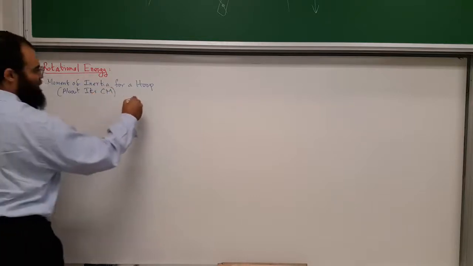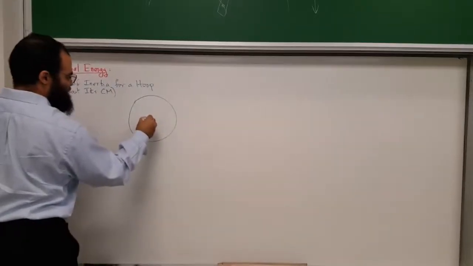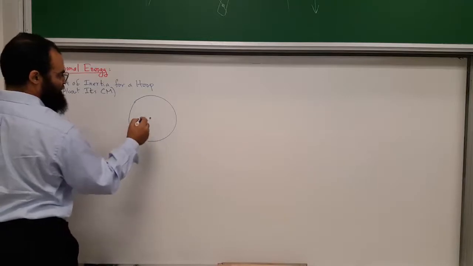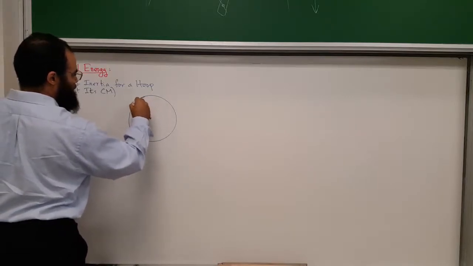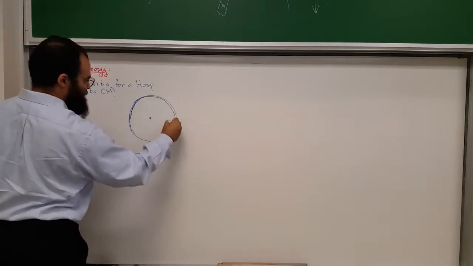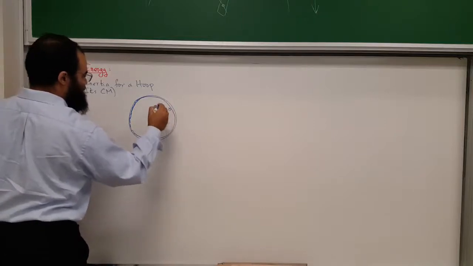So here's a hoop. It looks like this, and imagine it's spinning about this axis. The hoop just rotates about this axis. So all the mass of the hoop, all the material is on the rim, and all of it is located at a distance r.